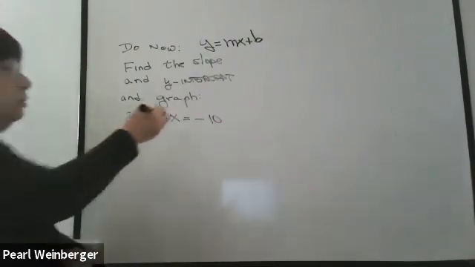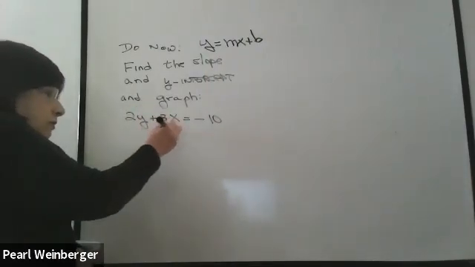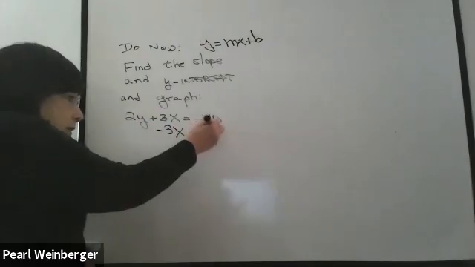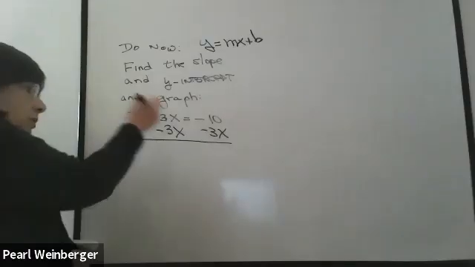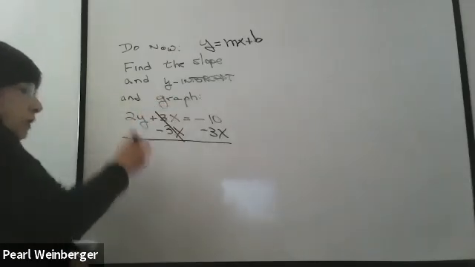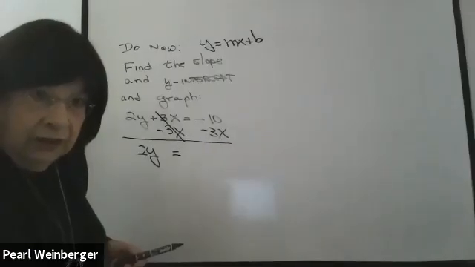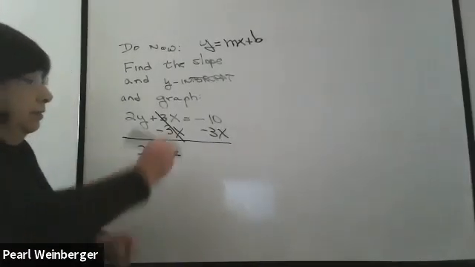Okay, so you told me to minus 3x from both sides, correct? Yes. So what do we have now? This we get rid of. So what do we have? 2y plus 3x. Wait, what is this?